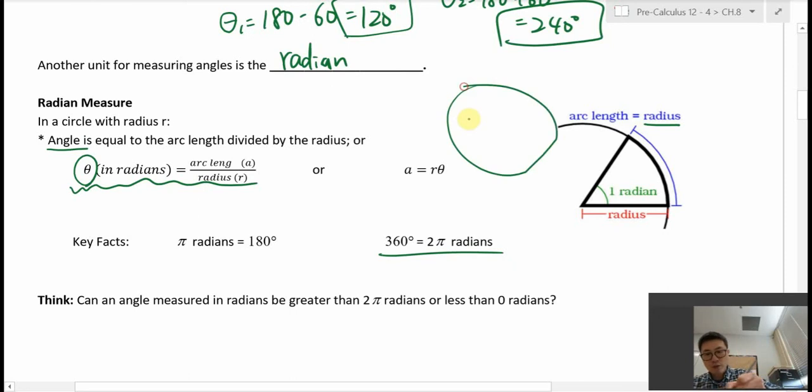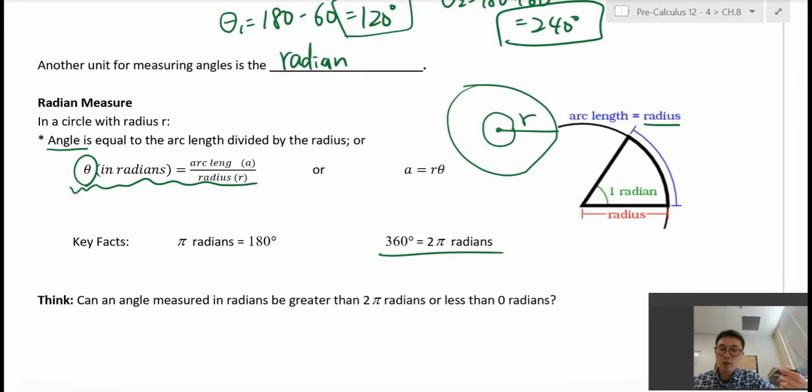Here's a circle, and here's the radius. We know 1 full rotation is 360 degrees, but we want to figure out how much that is in radians. Theta is simply arc length divided by radius. For a full circle, the arc length is the circumference, and circumference is equal to 2 pi times radius.